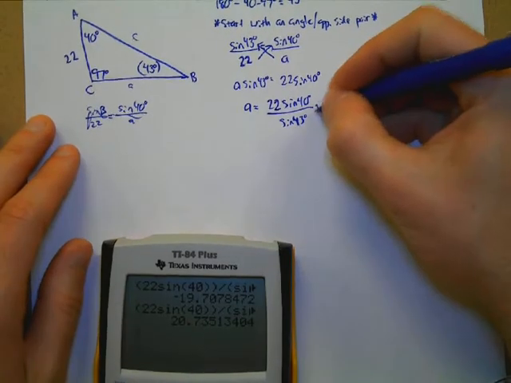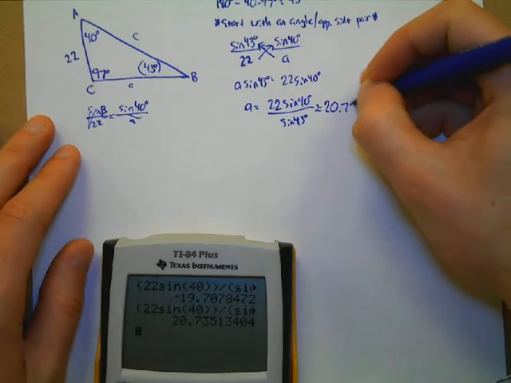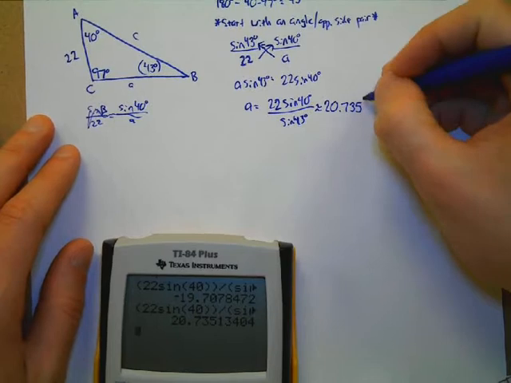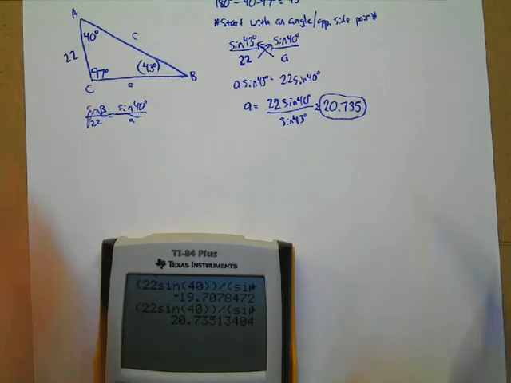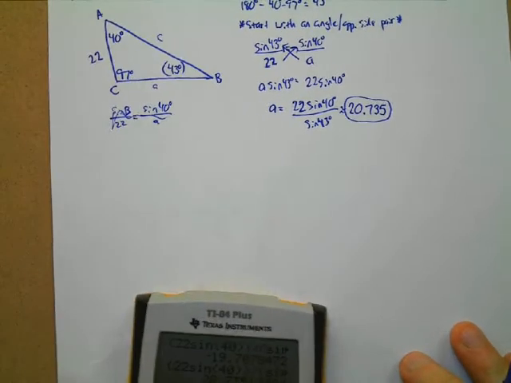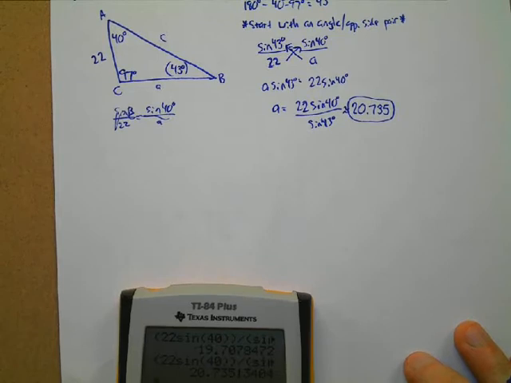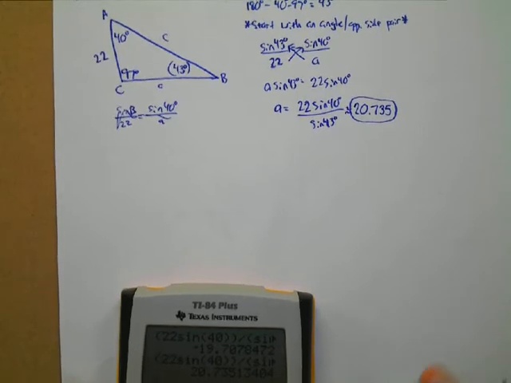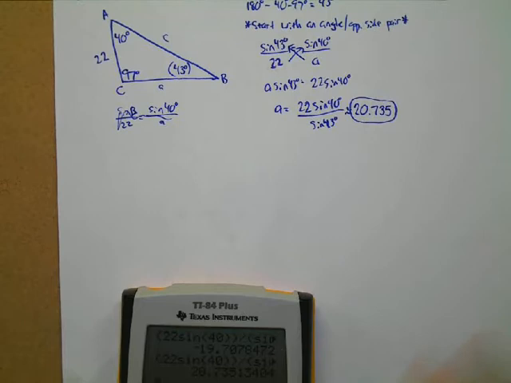This one was on purpose, but anyway, you can choose to believe that or not. So 20.735 is the answer there, which also makes sense, because a negative 19 would definitely not make any sense as the side of our triangle. Great, so now we know that A is approximately 20.735.